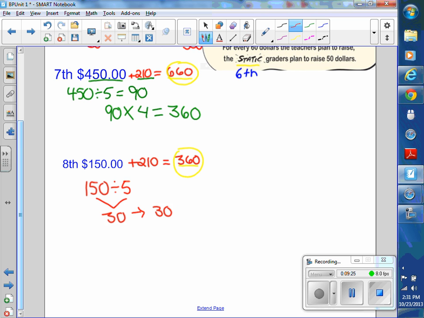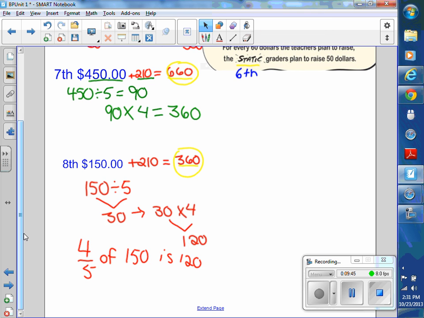Multiply by 4. That's correct. And that equals 120. So 4/5 of 150 is 120, right? And that's not one of the numbers.